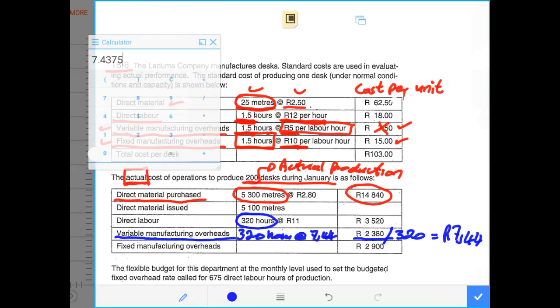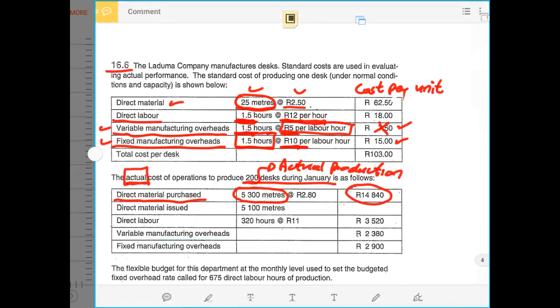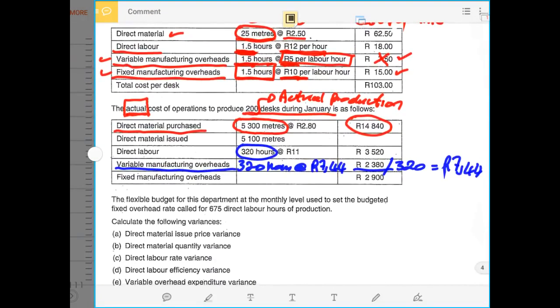So this will be our variable overhead actual rate per labor hour, 7 rand 44 cents. It was not provided to us, but we had to make use of the knowledge that we have and calculate that rate, which is the actual variable overhead rate per labor hour. Remember, I said to you that we don't use the total in the variance. We only use that when we do the fixed expenditure overhead variance.